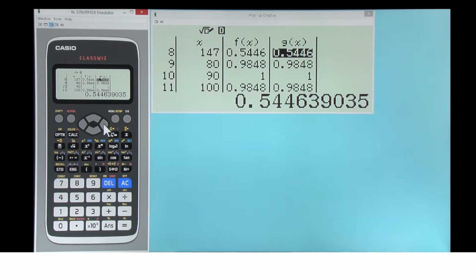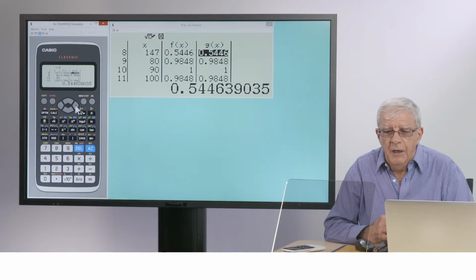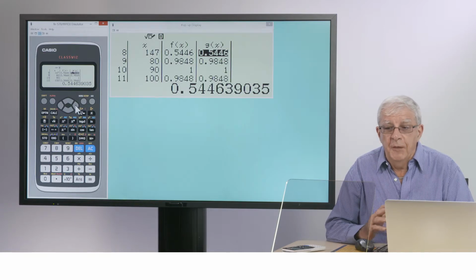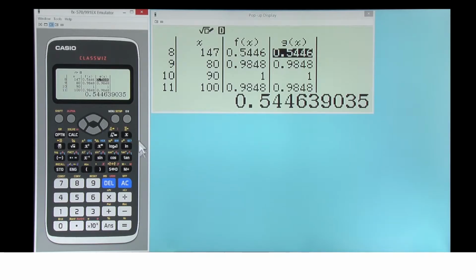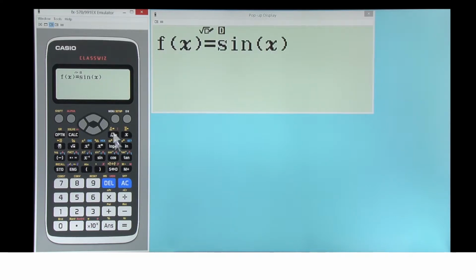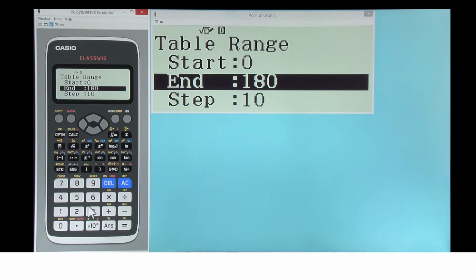Of course, the values in these tables could be used to draw a suitable graph to show the sine function, and to draw a graph over a domain from, say, 0 to 360 degrees. Let's go back here and say 0 to 360 degrees.